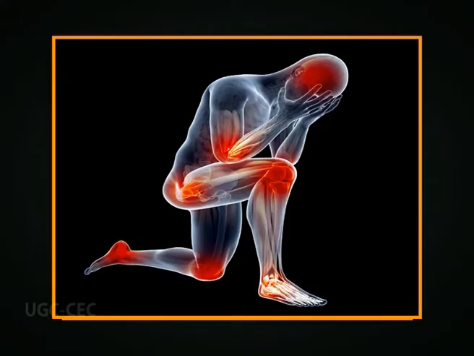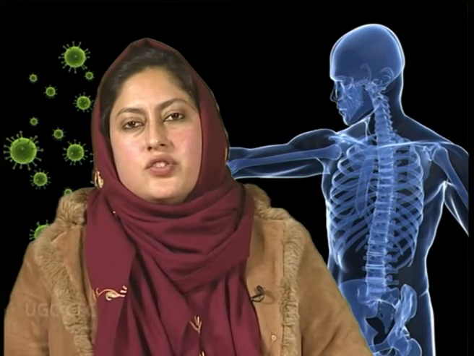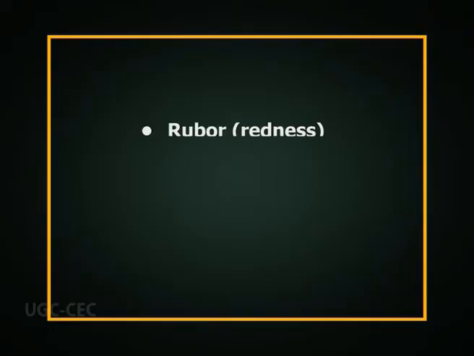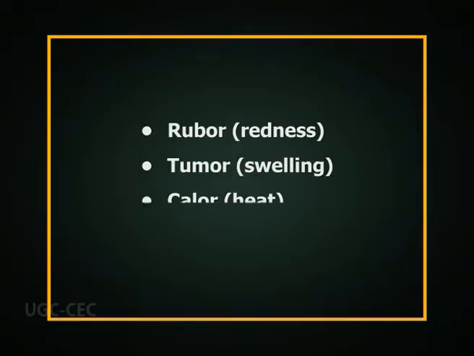However, inflammation which runs unchecked can also lead to diseases such as hay fever, atherosclerosis, and rheumatoid arthritis. Inflammation is characterized by four cardinal signs, that is, rubor, tumor, calor, and dolor.